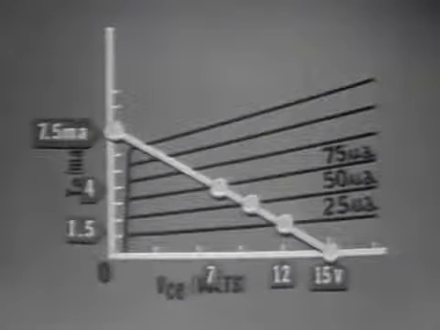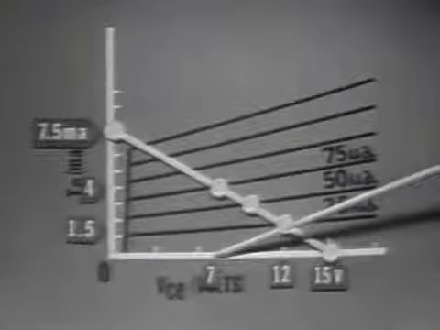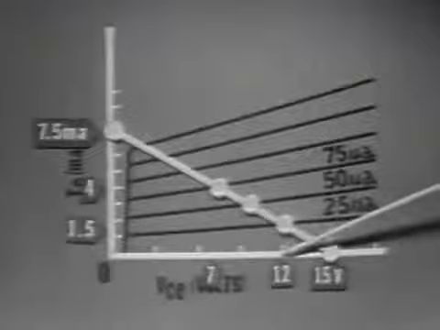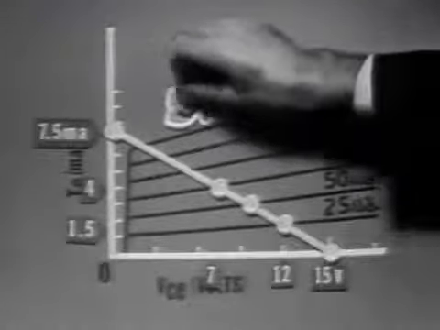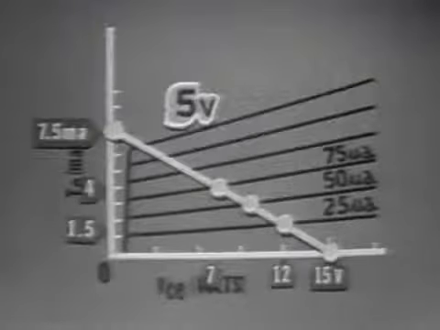At the same time, the graph indicates a collector voltage change from 7 volts to 12 volts, or a total of 5 volts peak to peak. Okay, we have a 5 volt peak to peak change in the output, but what was the input voltage change? Remember we said earlier the base to emitter resistance was 4K ohm.